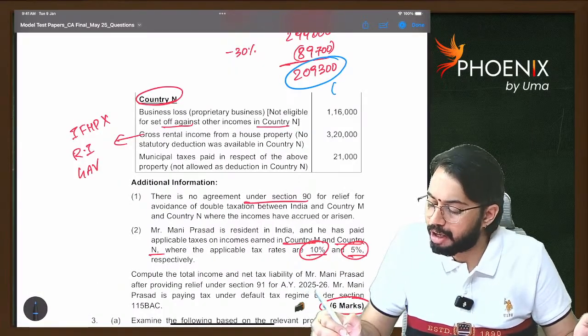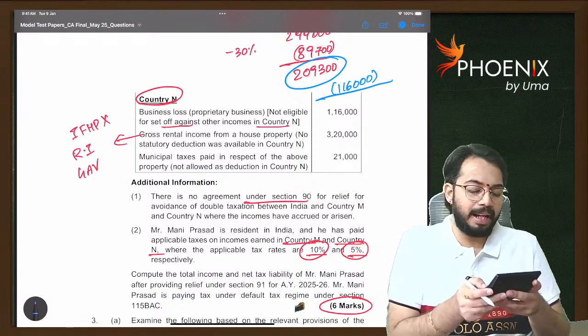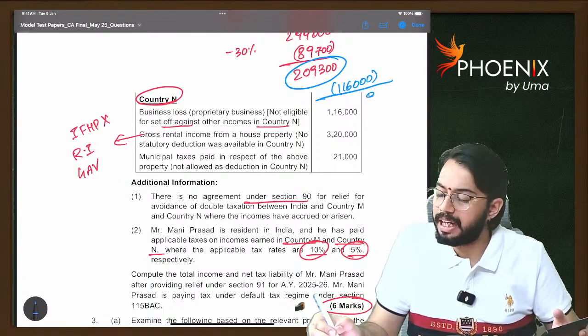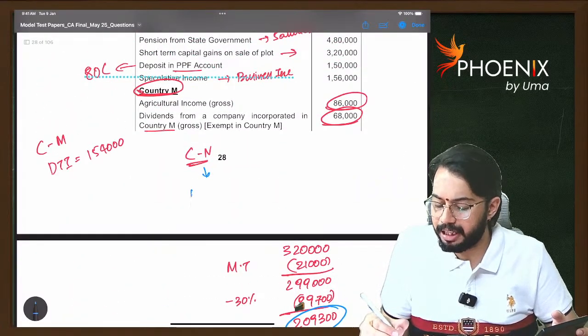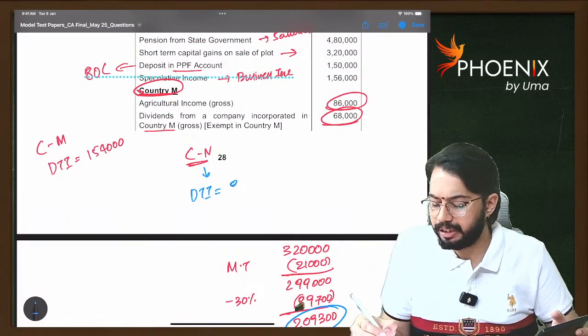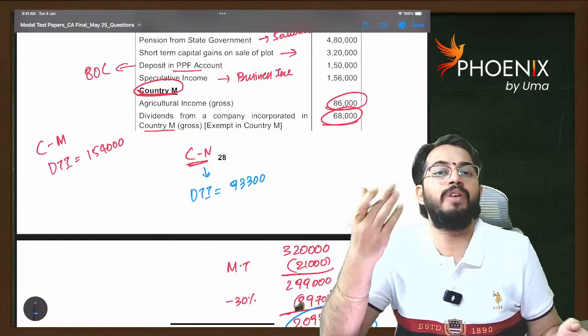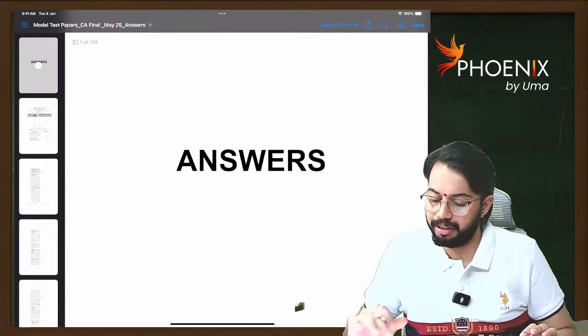From that, you will set off this loss of 1,16,000. So how much is doubly taxed income? 93,300. So for country N, doubly taxed income is 93,000. On doubly taxed income, you will apply the lower tax rate. Thereby, you will calculate relief under section 91. Correct?